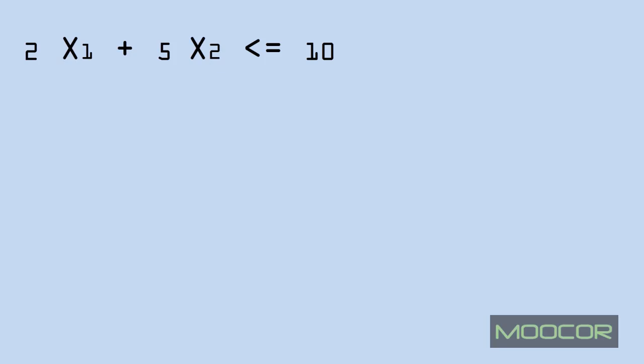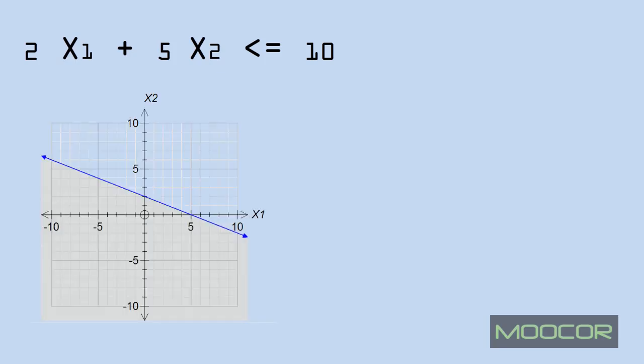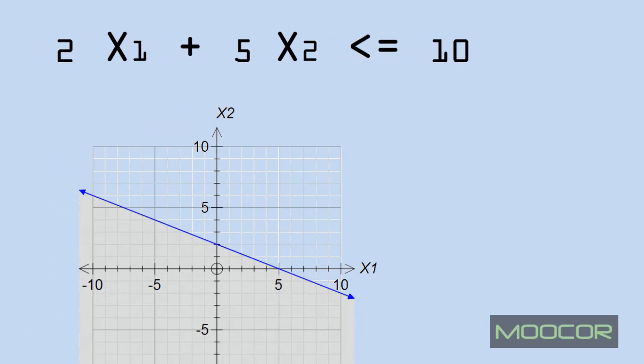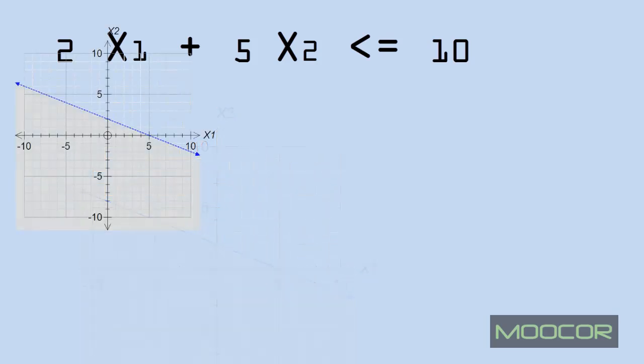Well, the solution is pretty much the same. It is the same place, except that because of that equal sign, now the line itself is included. What if it was a less than sign only? Then the solution is the same, except that the values on the line are not part of the solution set.